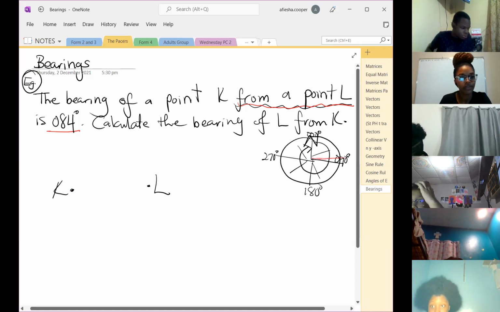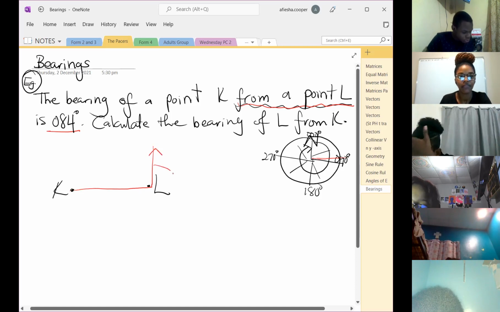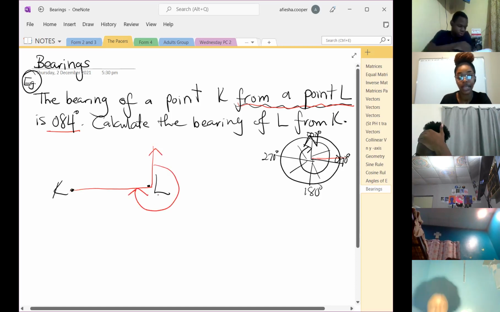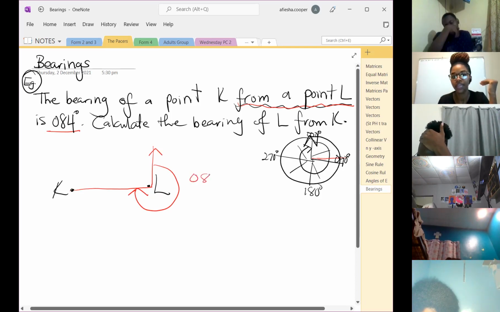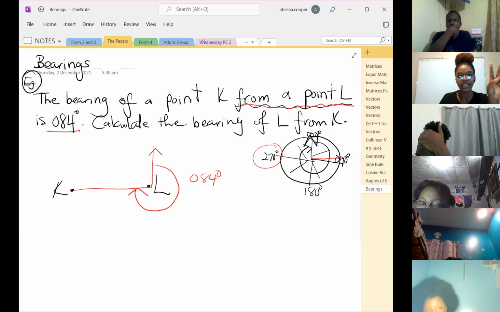If I put K and I put L and I make a straight line, if I put my north line at K, I'll have to go all the way around here to create that bearing. And we see that that red circle is not 084 degrees because that would be like 270 degrees, right? So that is our indicator that our L is in the wrong place.